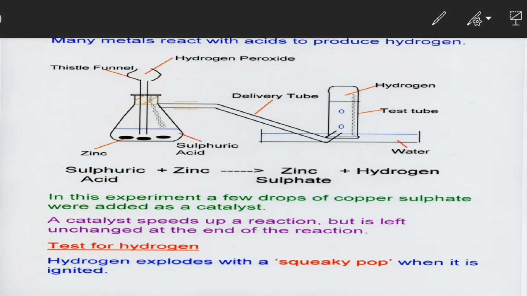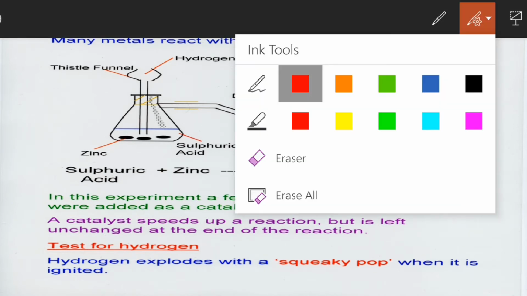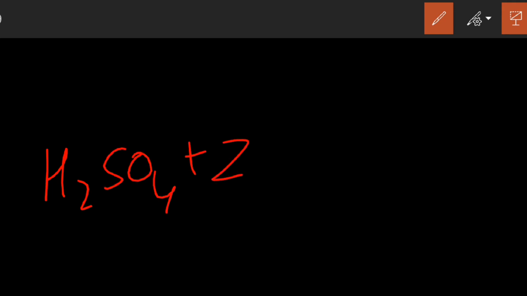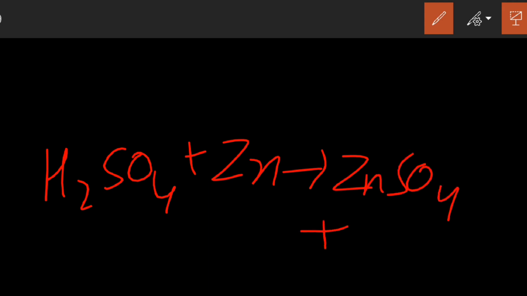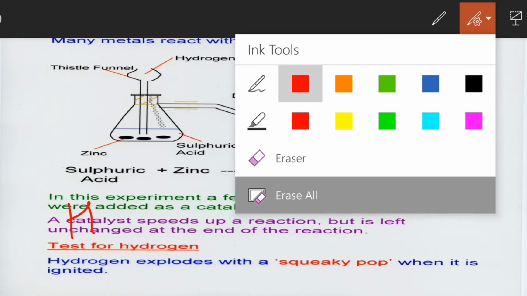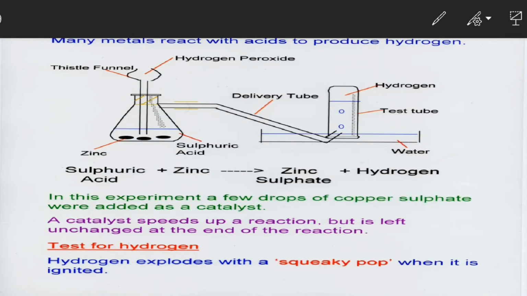Here is the example: H2SO4 plus Zn, that is zinc, gives ZnSO4 plus hydrogen. This is the reaction I have told you.